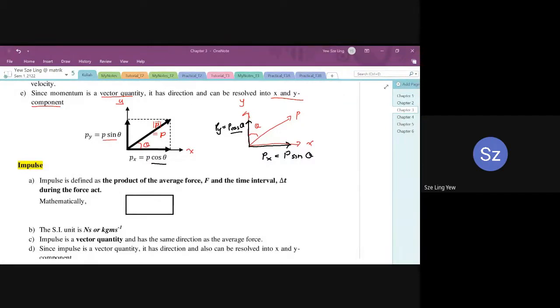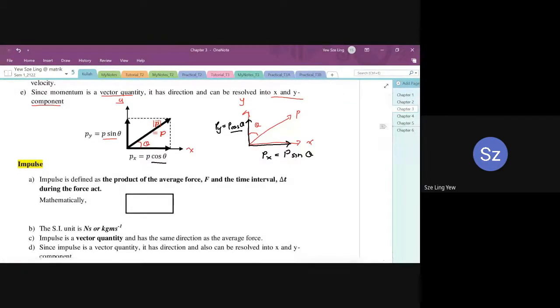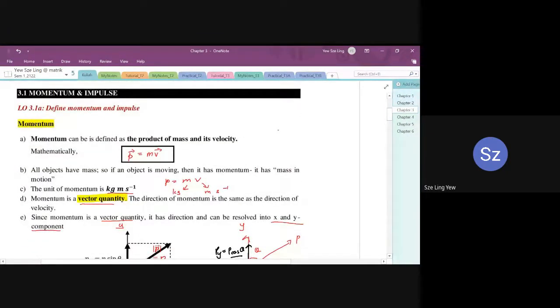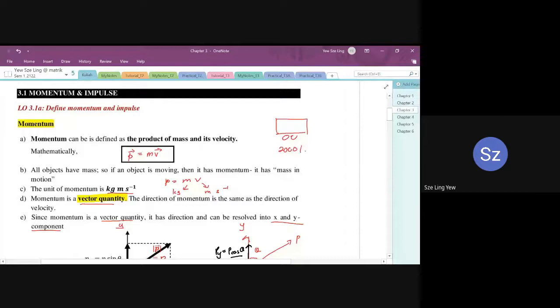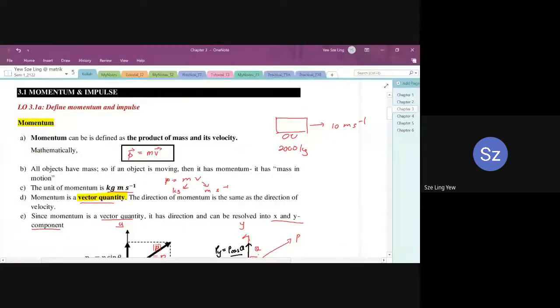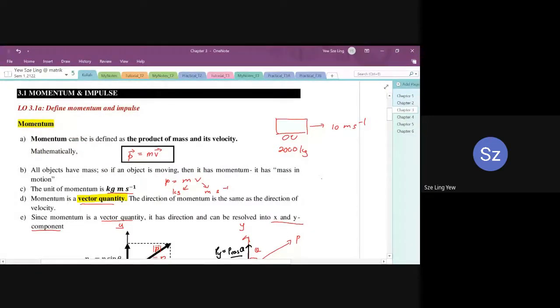So for instance, if you have a large object, for example a car, which is very heavy, let's say this car is 2000 kg and it is moving at 10 meters per second, this would be hard to stop because of its mass. Because the mass is large, it has a very large momentum. And in another case, what if you have an object with a very small mass, for example a bullet?